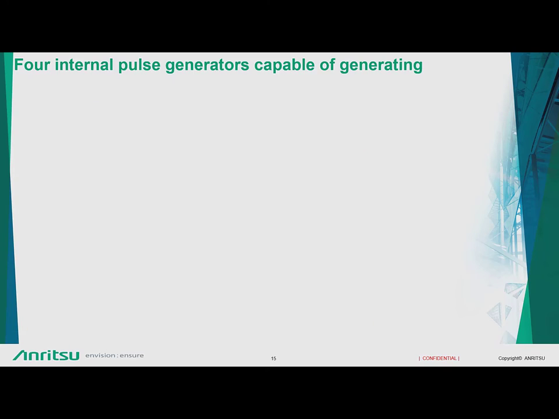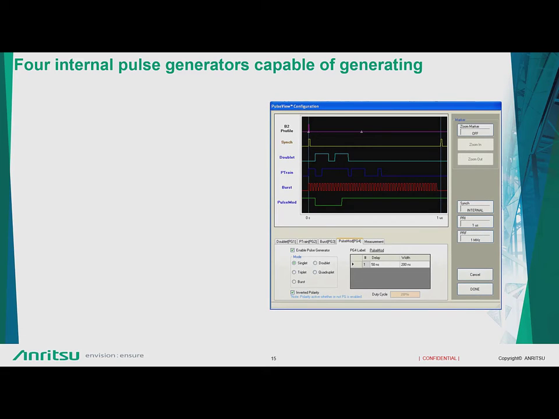So the 4 internal pulse generators are very, very important, and on the right hand side of this slide you can see that there's something called the pulse view configuration. The 4 pulse generators can be used to output any kind of pulse which is required.